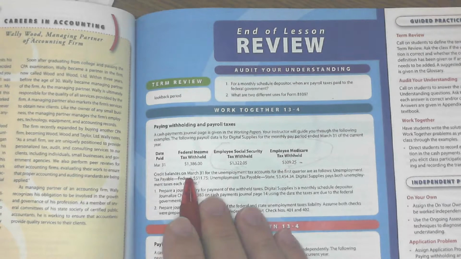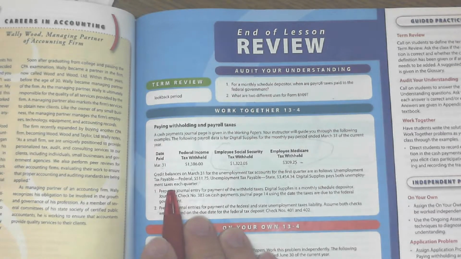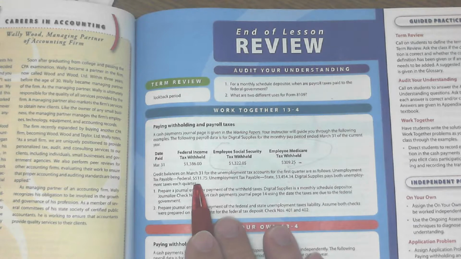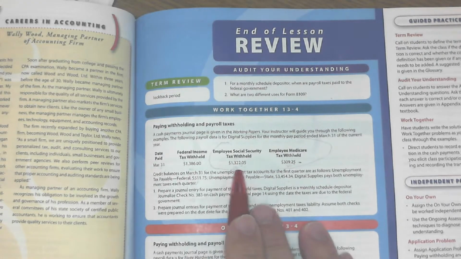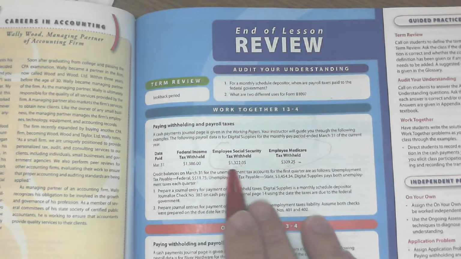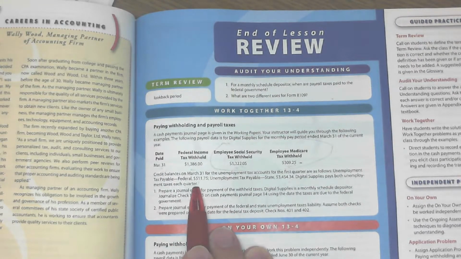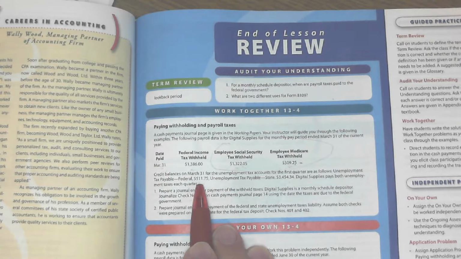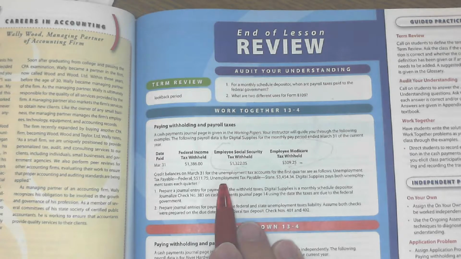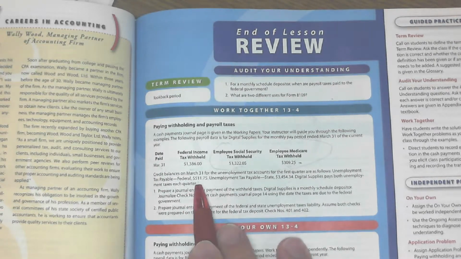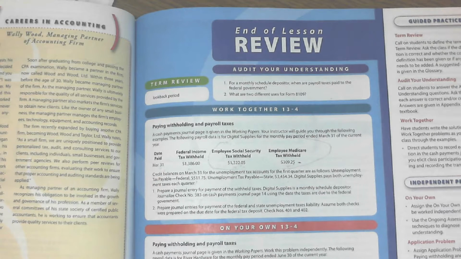So in the section review, this gives you a description of what we're going to do. We've got our federal tax withholdings listed here, and then in the summary, we've got our unemployment taxes for federal and state listed in the description underneath, and we've got our steps.